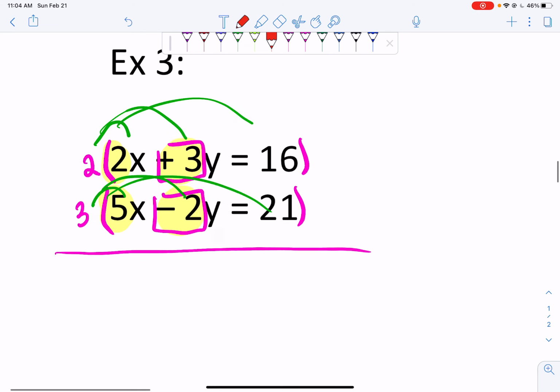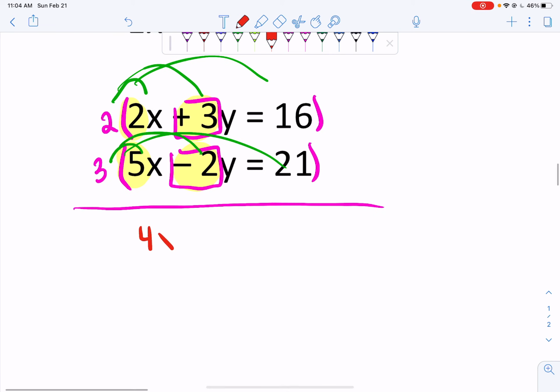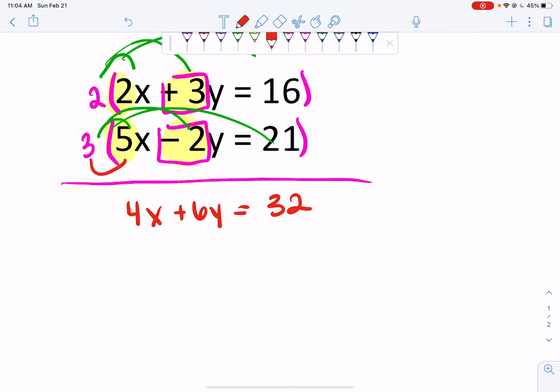So I get 2 times 2, which is 4x, 2 times 3, which is 6y, equals 2 times 16, which is 32. 3 times 5, 15x. 3 times negative 2, minus 6y. If you look, it's already going to work because those y's are going to eliminate. I like this. And then 3 times 21, which is 63.